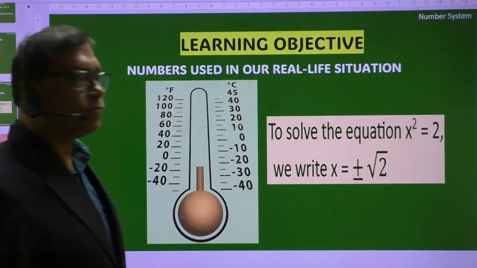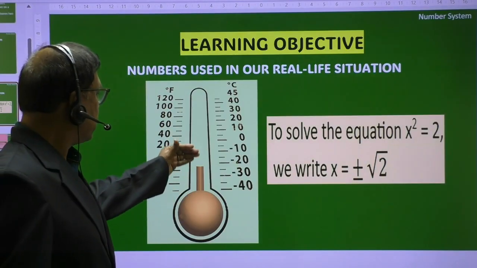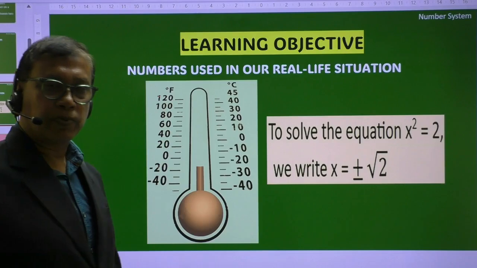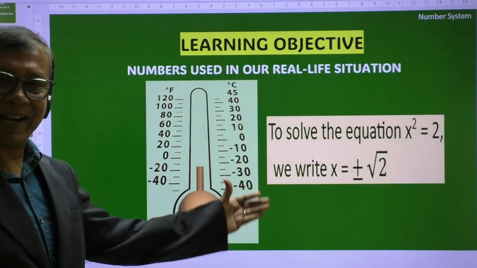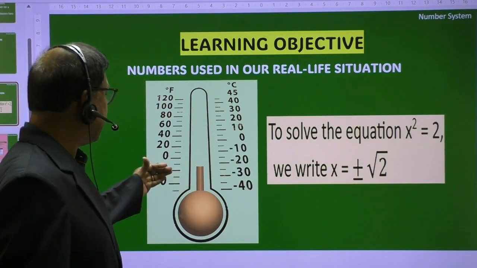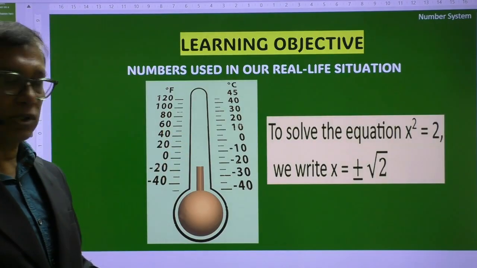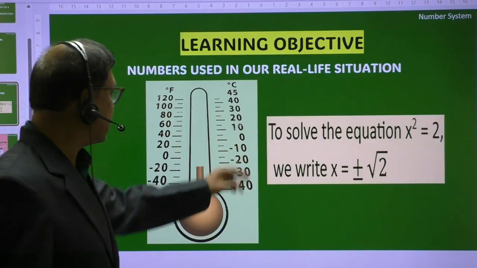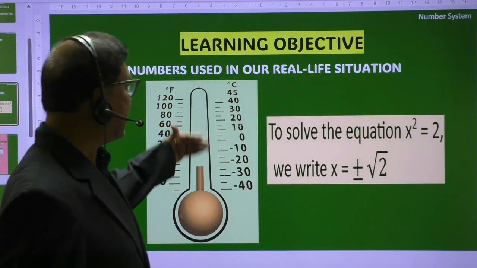Now see another type of numbers. See here, when temperature goes down, that is below 0, then we are getting negative. So here temperature is showing in the negative parts when temperature goes below 0. So -20, -40, -30 like this, -10 also. Is it clear? So here we are using negative numbers.